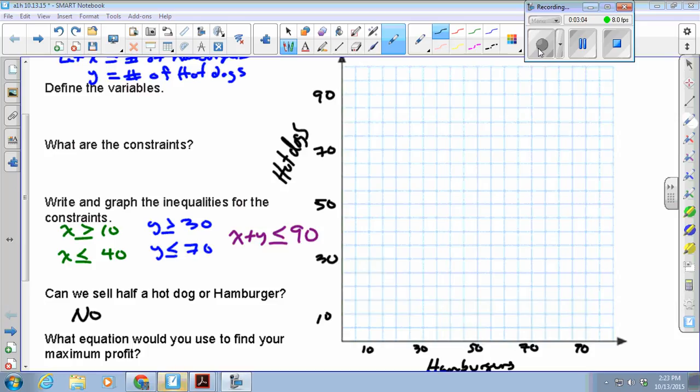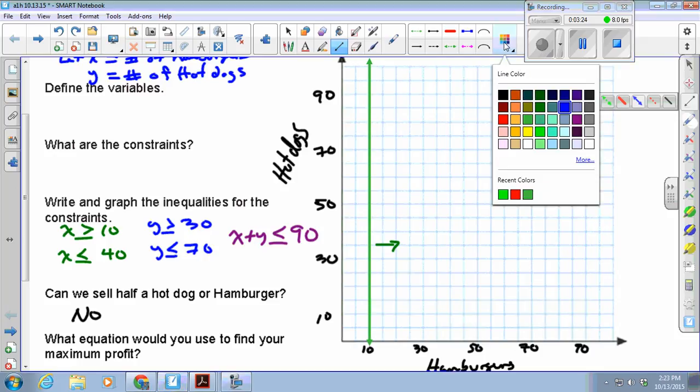We've also now got to graph these things. So let's go ahead and graph them. In green, I've got a vertical line at x equals 10 and everything to the right, and then x less than 40 and everything to the left.